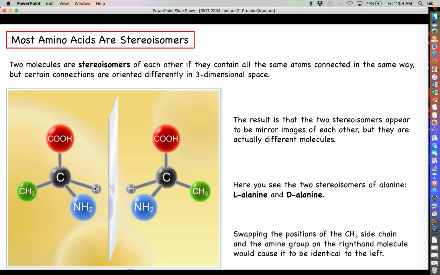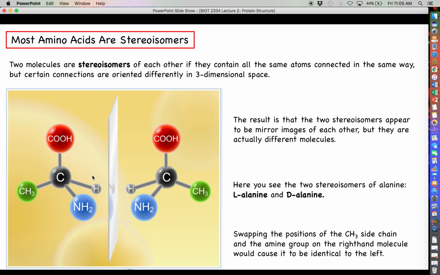So we can actually make different types of molecules based on how these different groups are attached to that central alpha carbon. So if you look here, we've got two different types of the amino acid alanine because everything is attached in slightly different ways. So what we end up with here is two different molecules that are non-superimposable mirror images of each other.